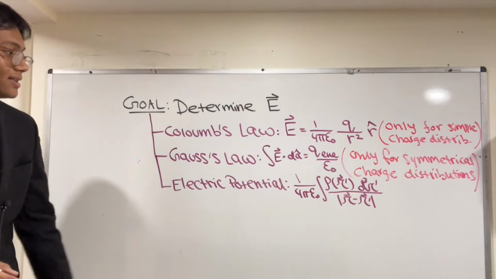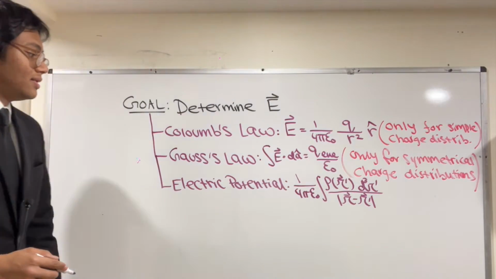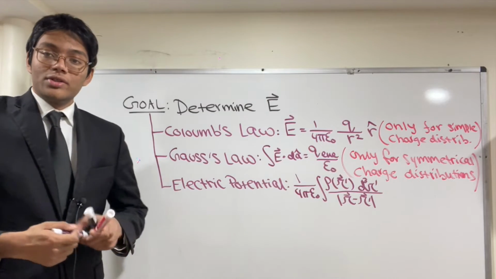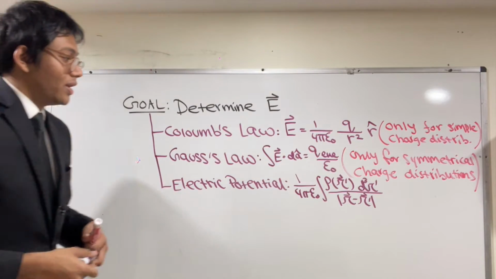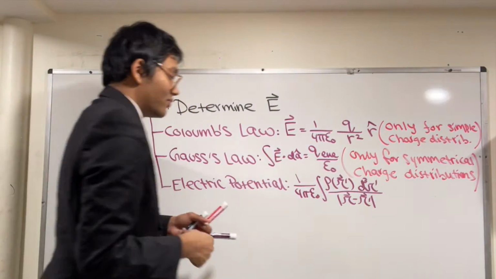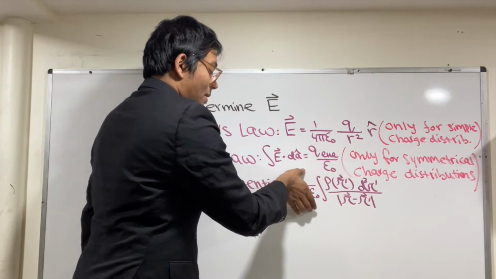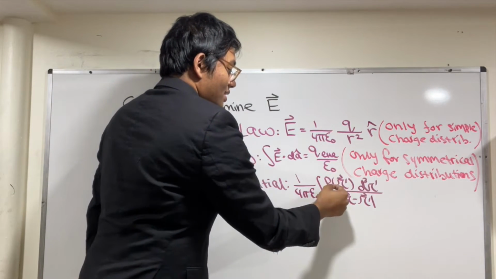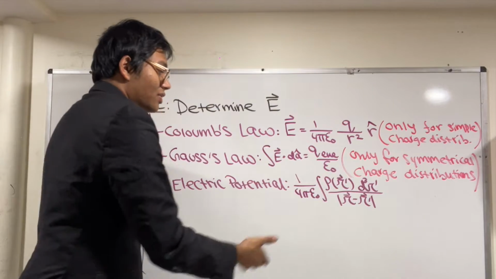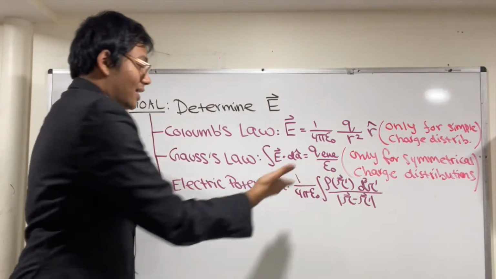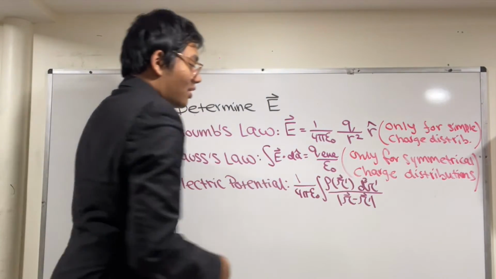So this is the electric potential for a continuous charge distribution, where, let me just kind of explain what's going on here. You have 1 over 4 pi epsilon naught q, which is rho times v, that's q over r. That's all this is saying. 1 over 4 pi epsilon naught q over r. That's it.